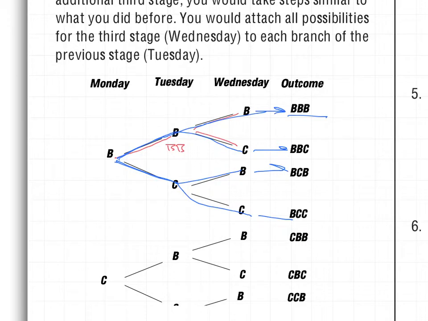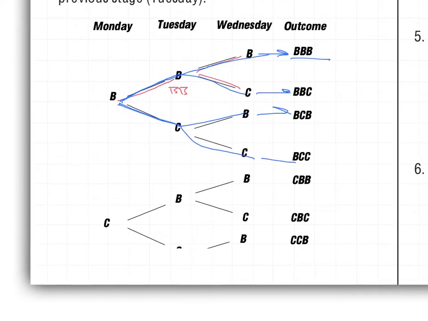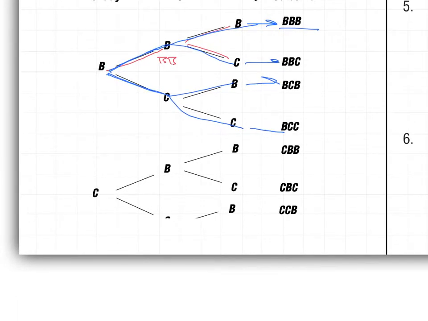And so what we can see here is that there's a total of 8 outcomes. And this last one down here is C, C, C.